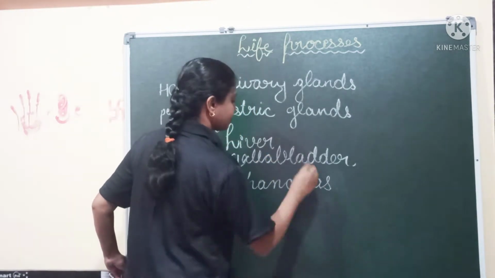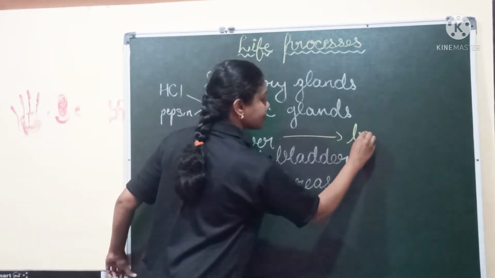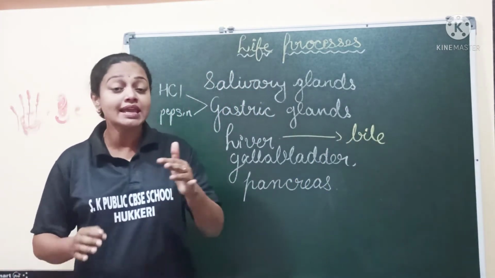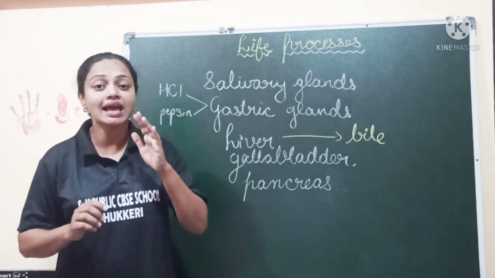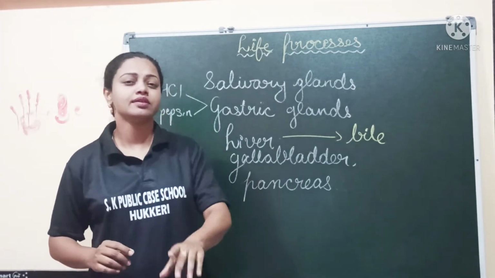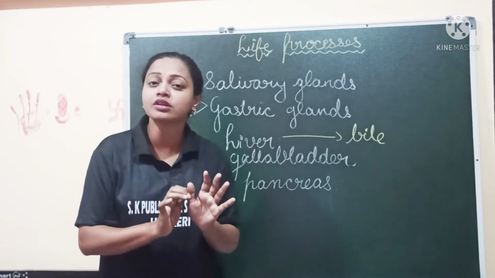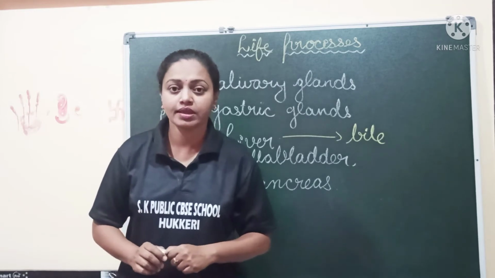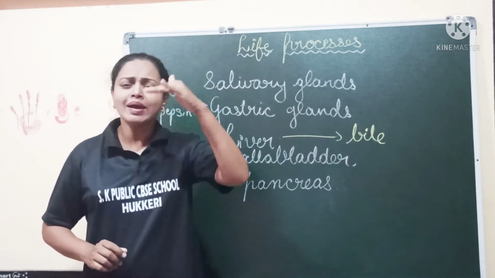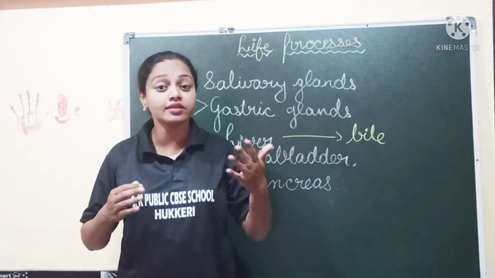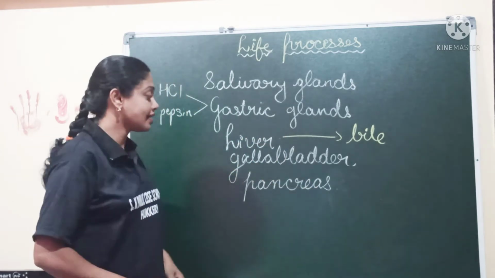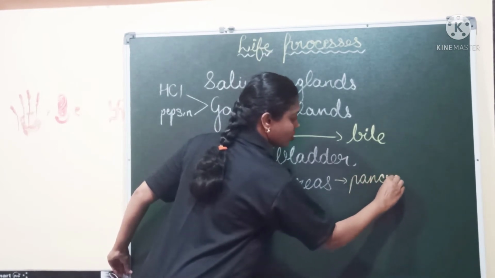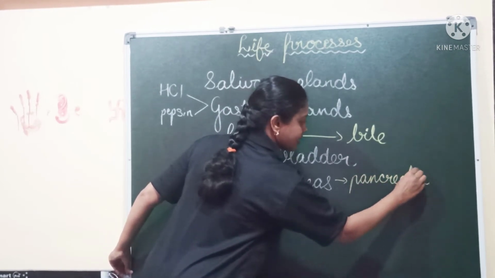The liver secretes bile juice, which is stored in the gallbladder. Bile helps in the digestion of fats. This liver and gallbladder play a very vital role in digestion. The pancreas secretes many digestive enzymes and its secretion is called pancreatic juice.